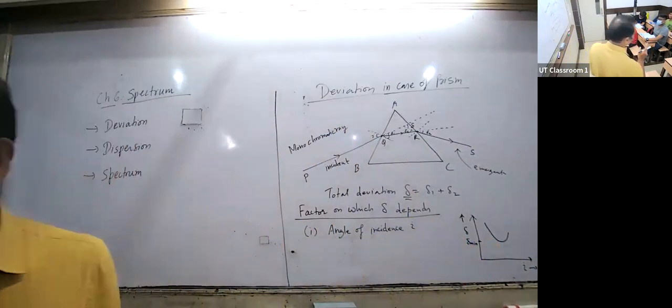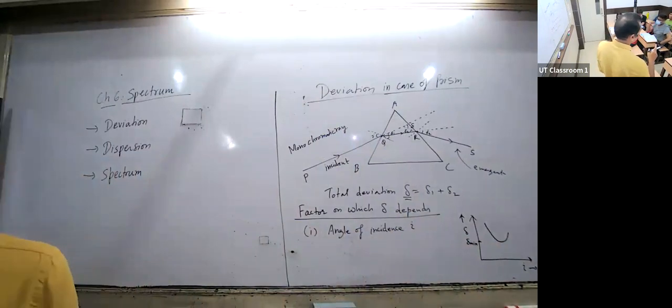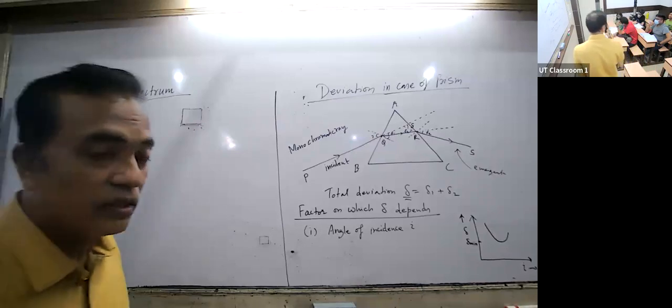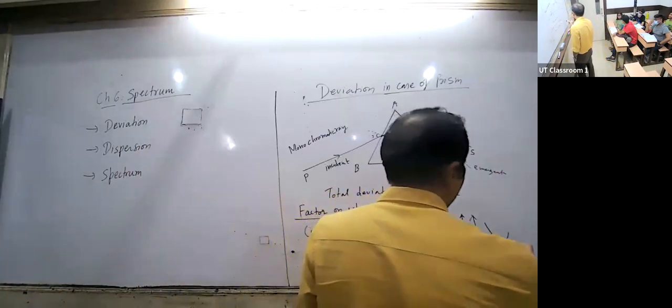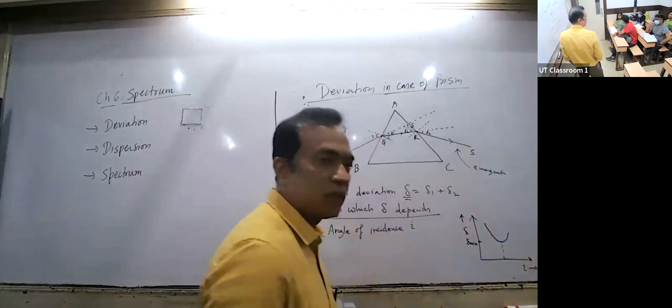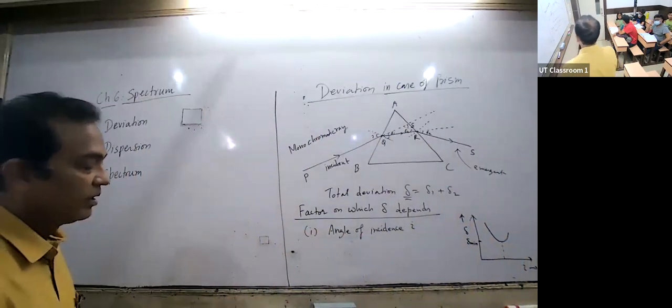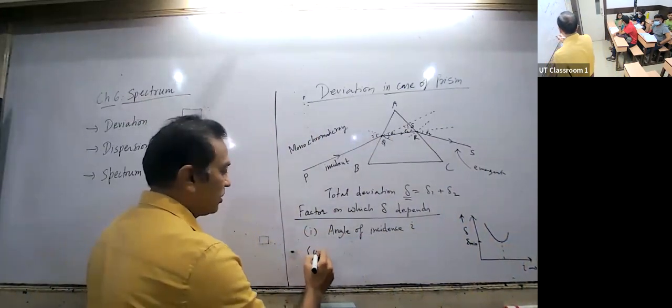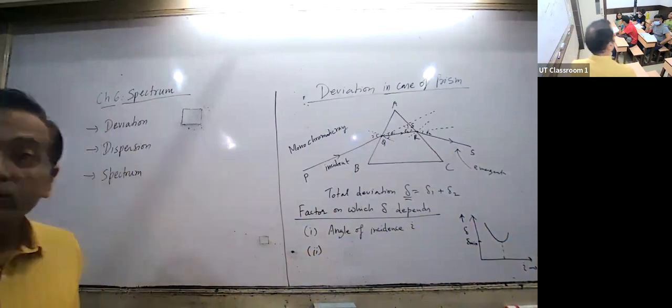So it decreases for some time with rise in I, and then it increases. So it has both dependencies. Anyway, in this chapter we are not discussing this. In this chapter we'll discuss the deviation due to color of light.